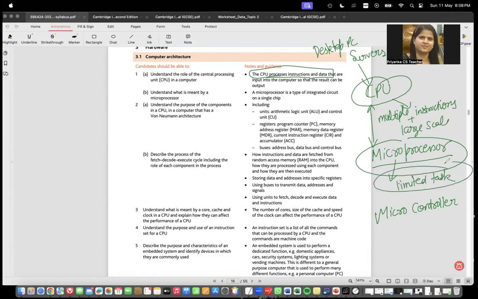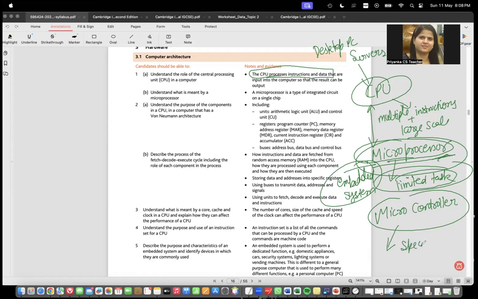It has limited capacity and is built into systems that perform a limited number of tasks, meaning embedded systems, such as washing machines, microwave ovens, smart ACs. Microcontroller is also used to perform specific, limited tasks.